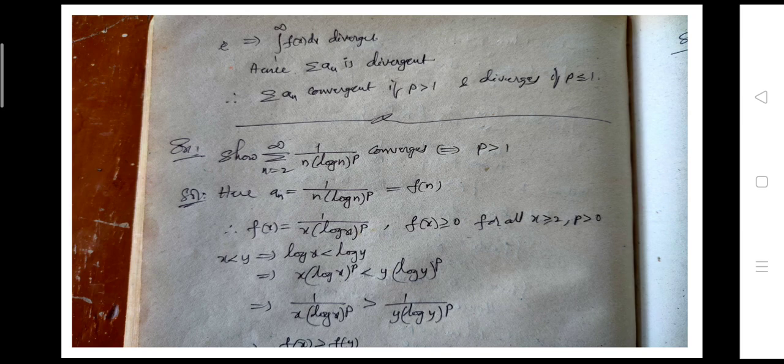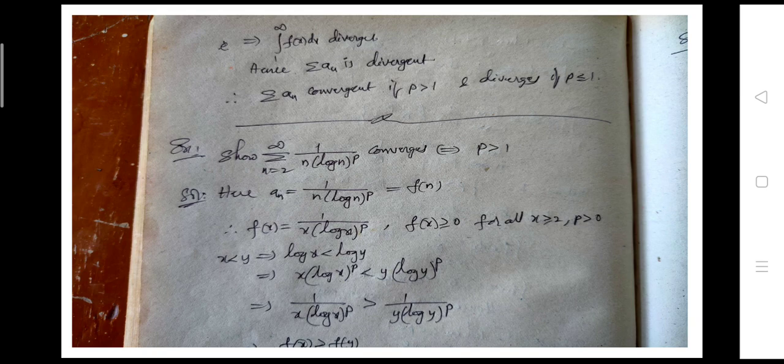And what about f of x? Therefore f of x is equal to 1 by x into log x whole power p, where f of x is greater than or equal to 0 for all x greater than 2 and p greater than 0.